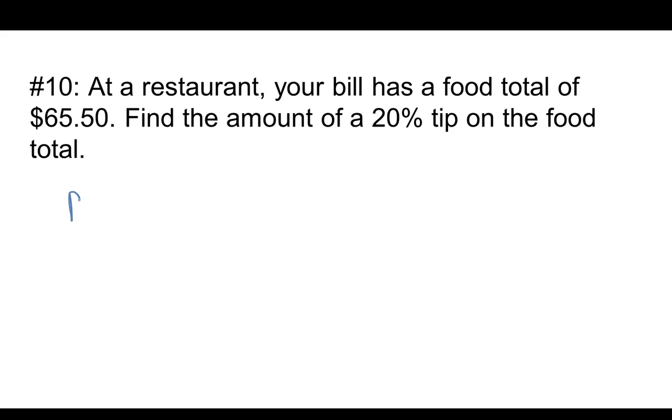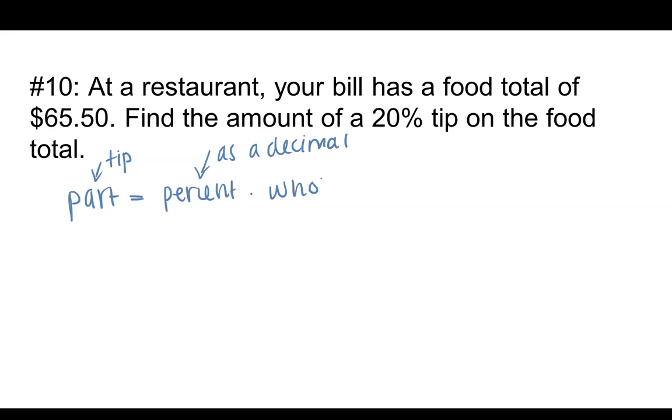Okay, so the tip is going to be represented by the part, equals the percent you want to tip as a decimal, remember, times the whole, which is going to be the food bill. So we know that the whole food total was $65.50. The tip we don't know, that's what we're trying to solve. The percent is 20%, but we need to write it as a decimal.